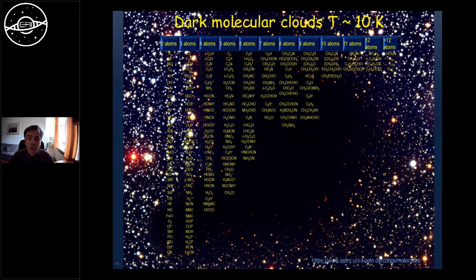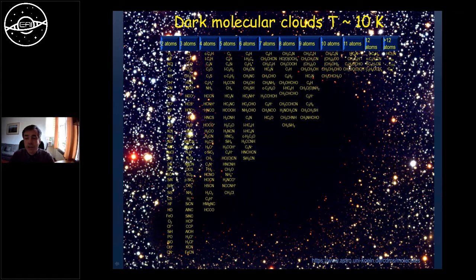One of the common approaches to detect molecules in space is to perform spectroscopy. Then, by comparing observational and laboratory spectra, we can identify any molecule. And this approach is widely used. Here you can see the table of the molecules which are currently detected in space. It's probably not up to date, but the main thing I want to show here is that the number of detected molecules decreases quite quickly with increasing size.